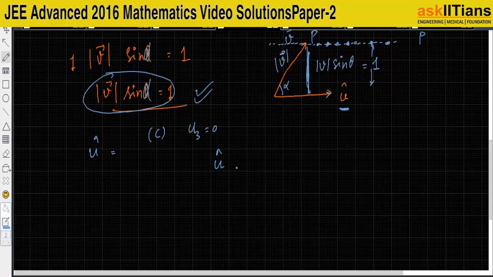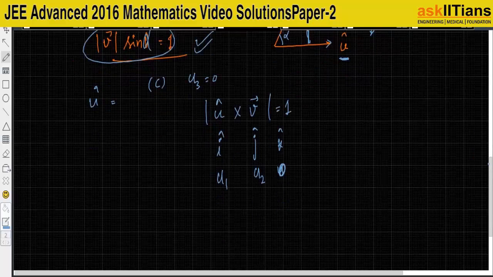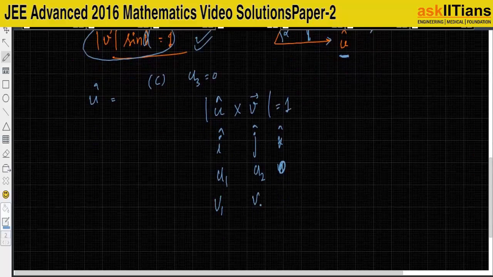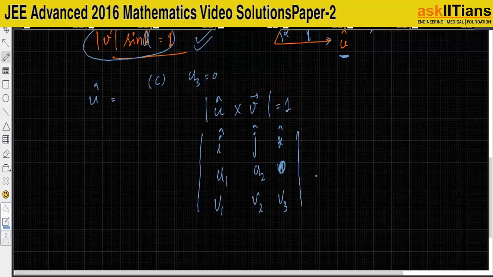We know that the magnitude of u cap cross v is equal to 1. Let's find out the vector u cap cross v first and compare that with w. Here this is u1, u2, u3, with u3 being 0, and here v1, v2, v3. Let me take vector v as v1 i cap, v2 j cap, and v3 k cap.